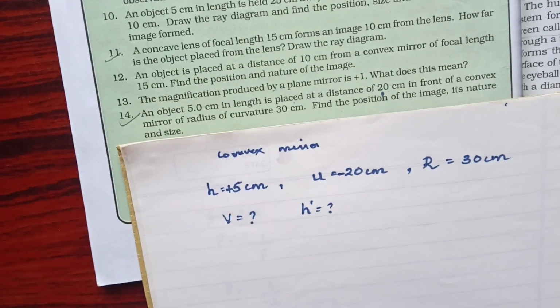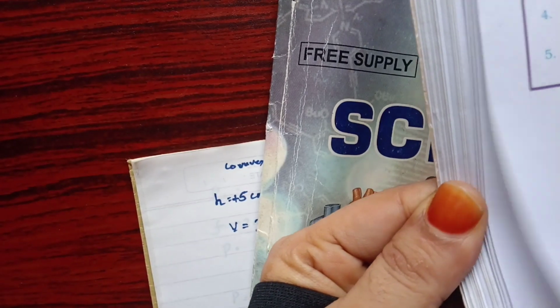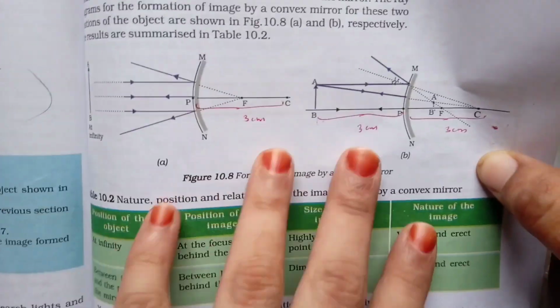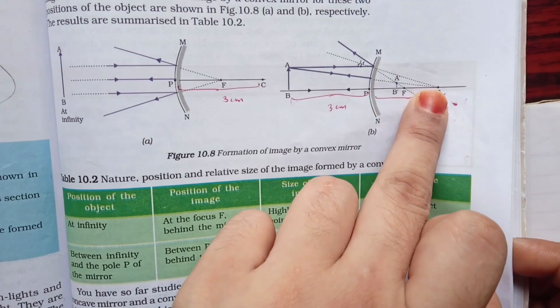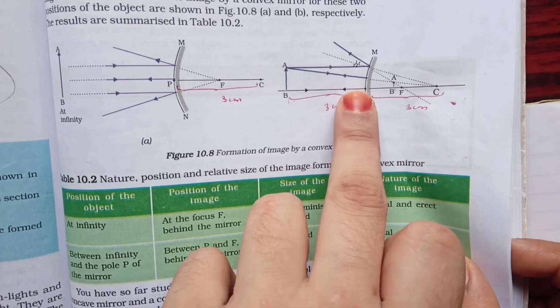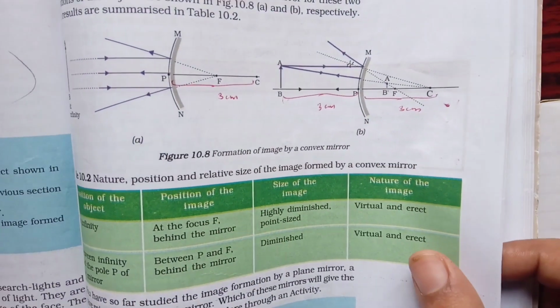What is this radius of curvature? This is my convex mirror, this is my radius of curvature, and the principal focus is always at the center of the radius of curvature. That means focal length is half of the radius of curvature.